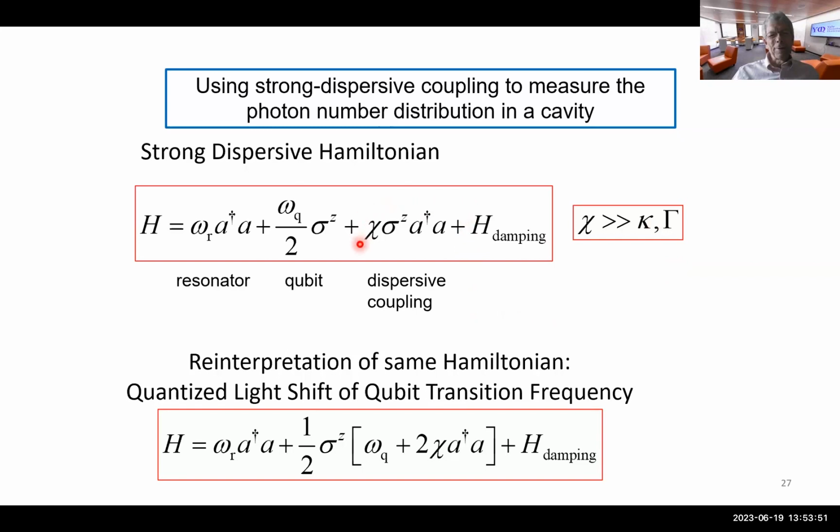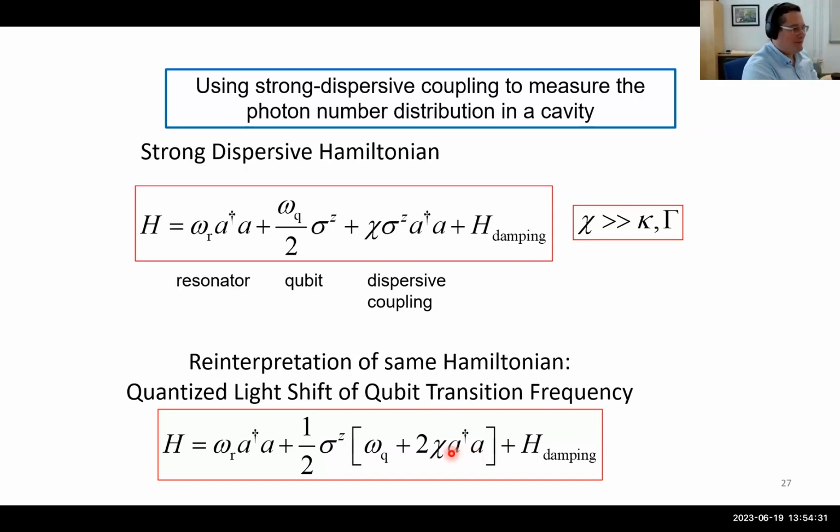And let's reinterpret this very same term, saying, no, it's not the coefficient of A dagger A that depends on sigma Z, it's the coefficient of sigma Z that depends on A dagger A. It's the same term, but now we say the coefficient of sigma Z is just the qubit transition frequency. And so the qubit transition frequency changes by 2 chi every time I add a photon to the resonator. This would be some storage resonator rather than some readout resonator.